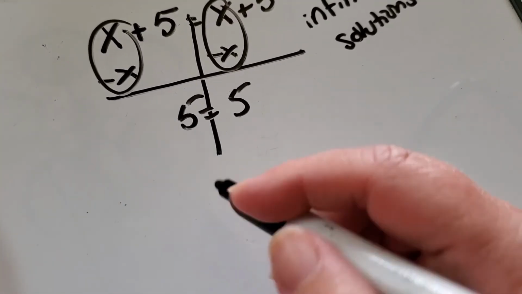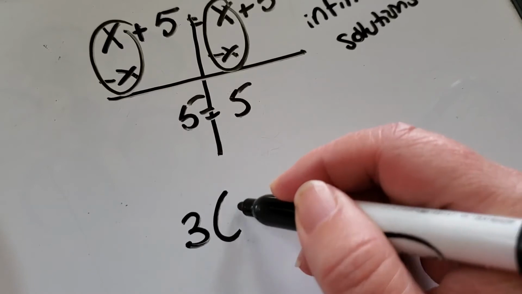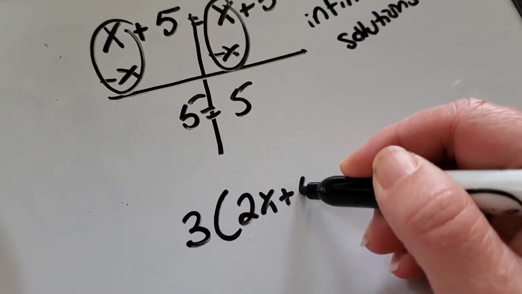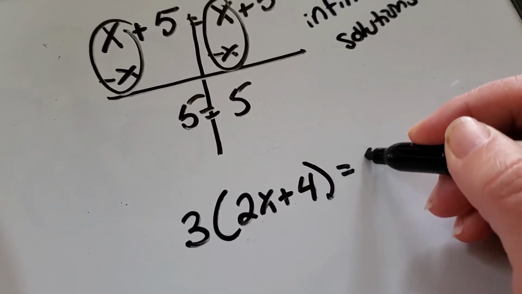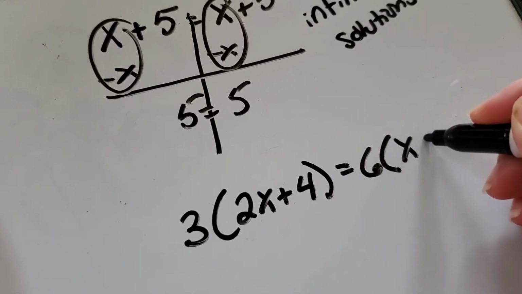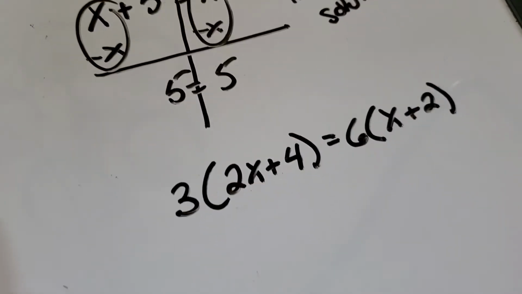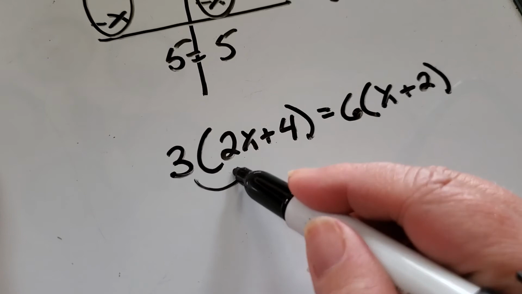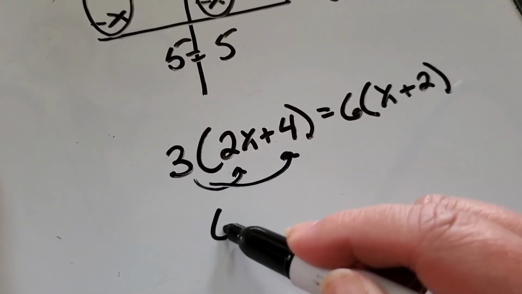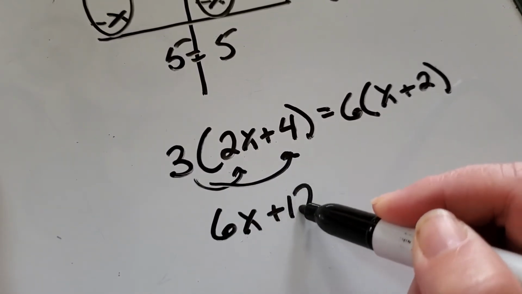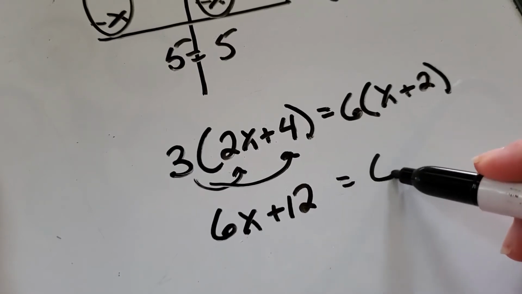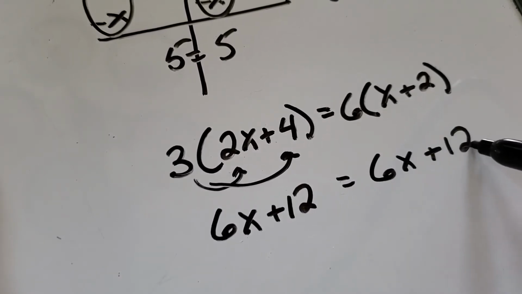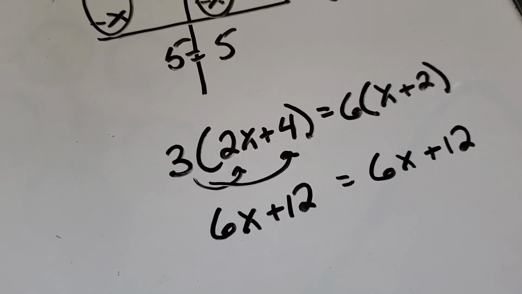So what if I gave you 3 times 2x plus 4 equals 6 times x plus 2. So let's distribute so we see what we have. This side gives us 6x plus 12. This side equals 6x plus 12. So your equation says 6x plus 12 equals 6x plus 12.